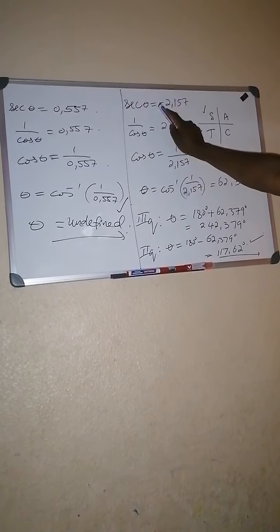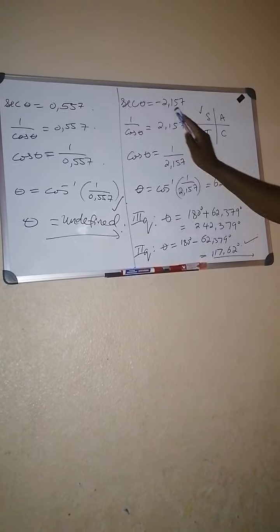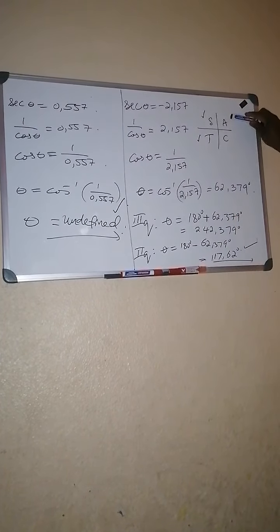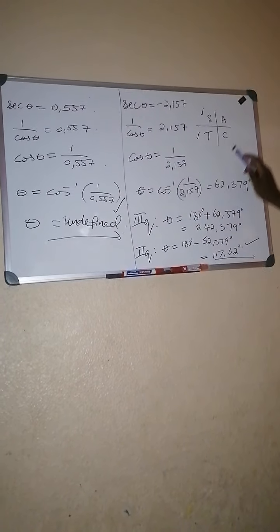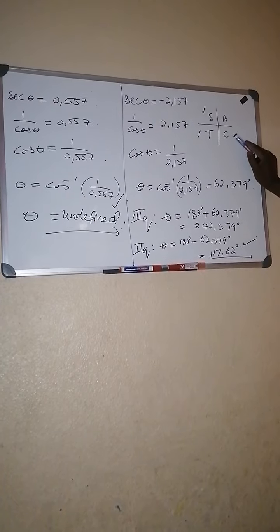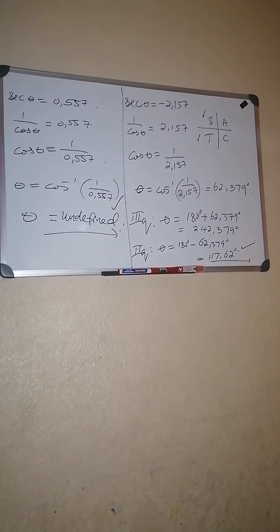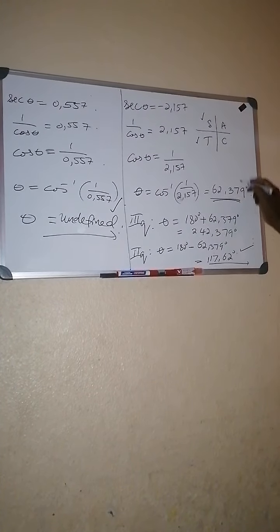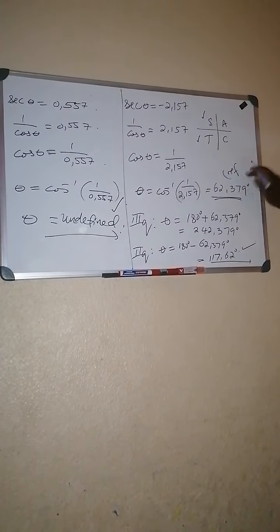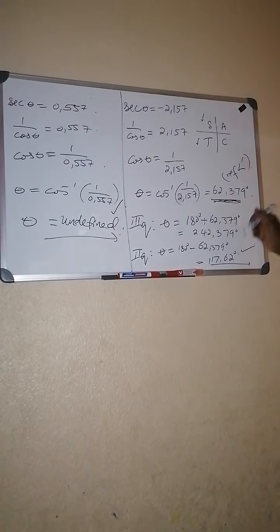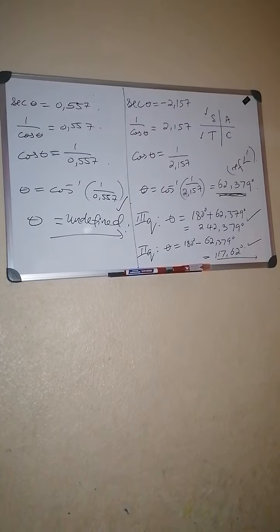But if this was a plus, then this would be one of the answers, because this value is in the first quadrant. But we will then have to say where else is cos positive, and it will be in the fourth quadrant, where we would say 360 degrees minus this. So in this case, this one only serves as a reference angle. This is just a reference angle which we are using to actually get to the solutions there.